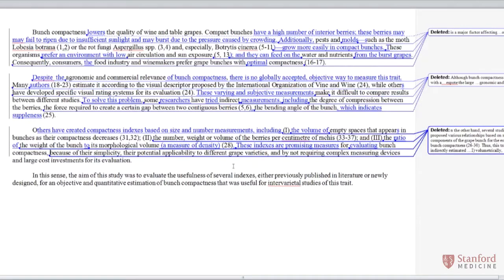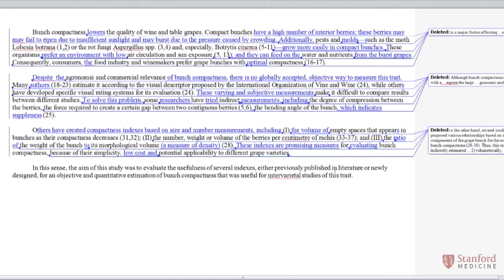They're promising measures because of their simplicity, their applicability to lots of different grape varieties, and because they don't require complex measuring devices or costly measuring devices. I actually think not requiring complex measuring devices is embedded in simplicity, and we could just say low cost. So maybe because of their simplicity, low cost, and their potential applicability to different grape varieties. And I think now we've got the idea here, so we can cut that.